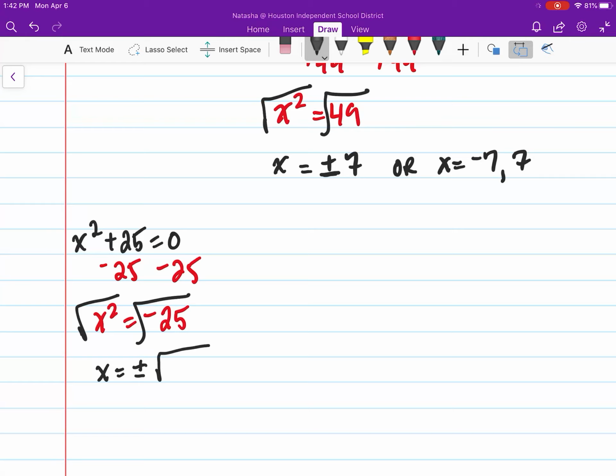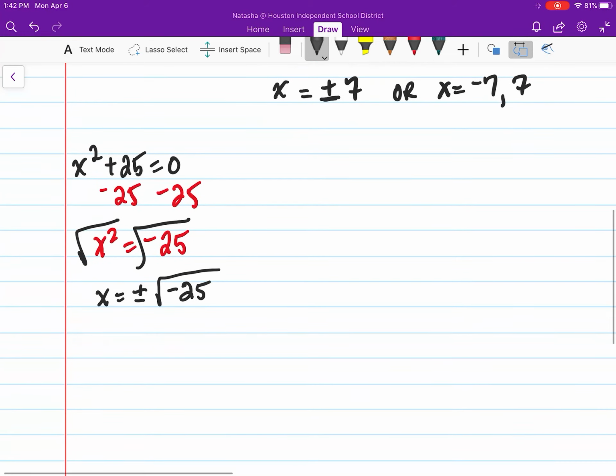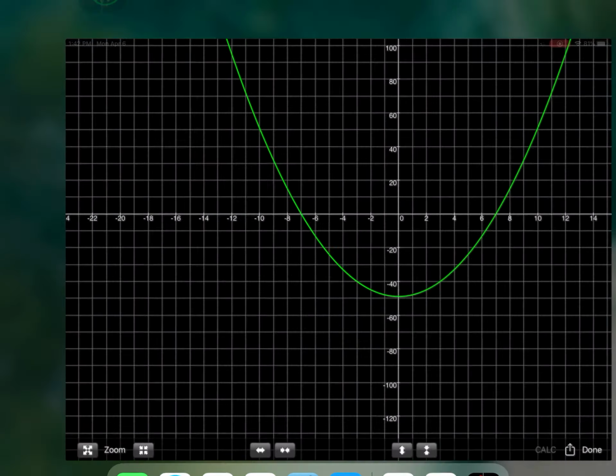When I take the square root of both sides, that's going to give me x is equal to plus or minus the square root of negative 25. In the real number system, we can't have a negative number in our radicand, a negative number underneath the radical. So if your radicand would be a negative number, then you have an empty solution.